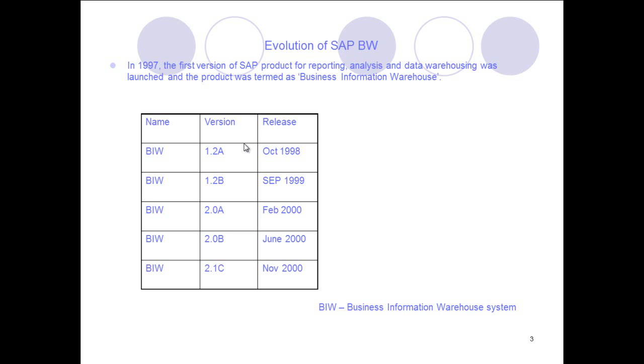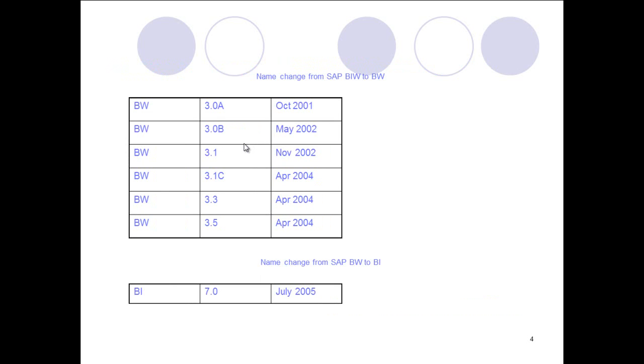And in October 1998, they released the 1.2a version of BIW. The actual version which we are using now is 3.0a for BW, which was released in October 2001.